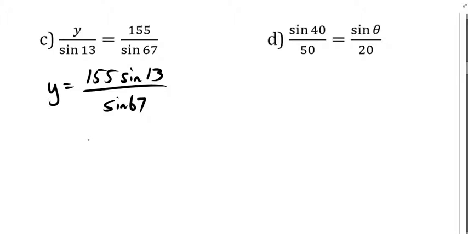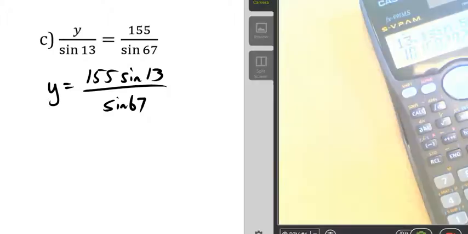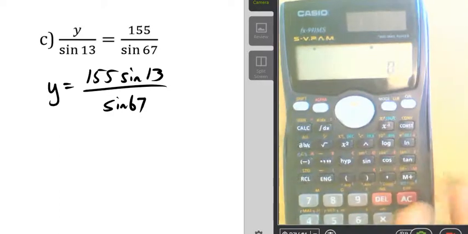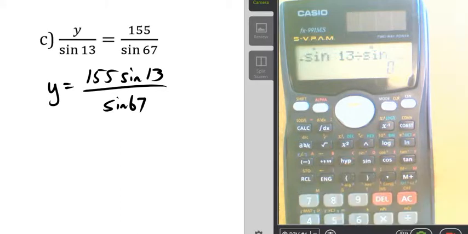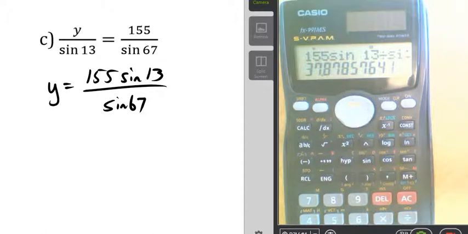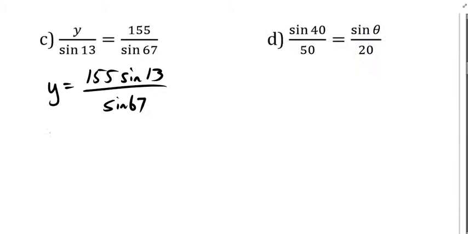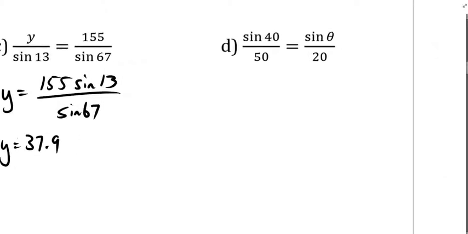So I go 155 sine 13 divided by sine 67 equals 37.87, so 37.9. Do people get 37.9? Yes? Awesome. No units because this is just calculator practice.